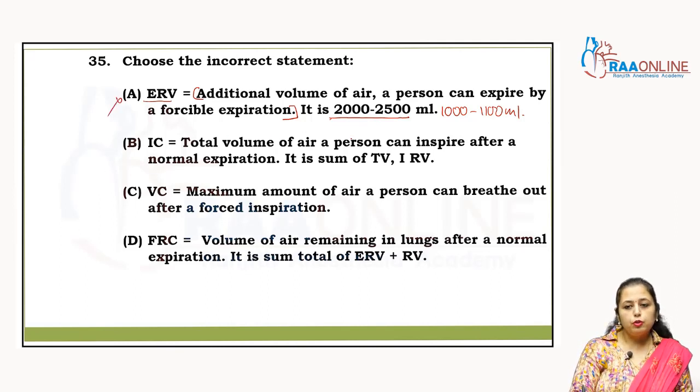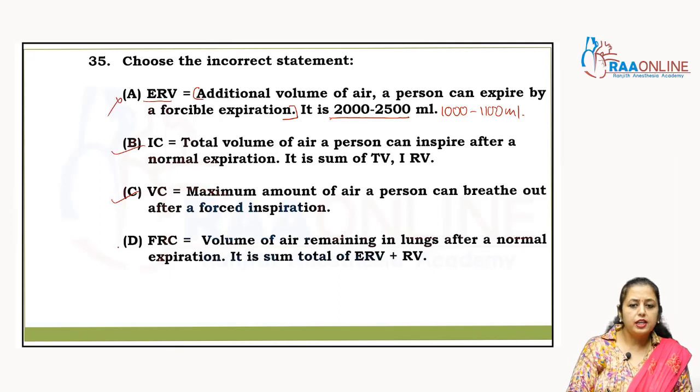Total volume of air a person can inspire after a normal expiration, sum of ERV and so on, okay. We see the maximum amount of air a person can breathe out after a forced inspiration. FRC is the volume of air remaining in the lung after a normal expiration.